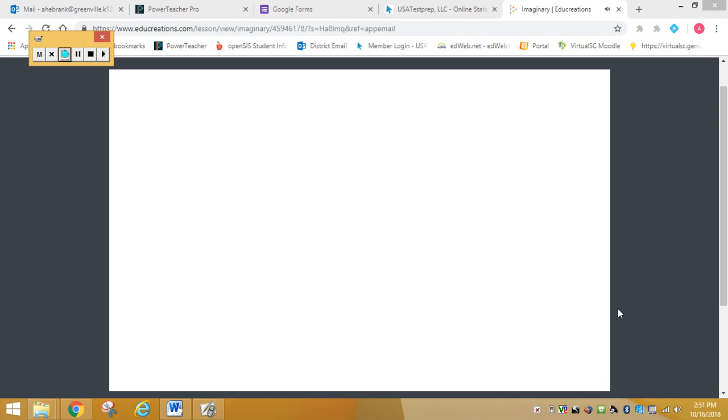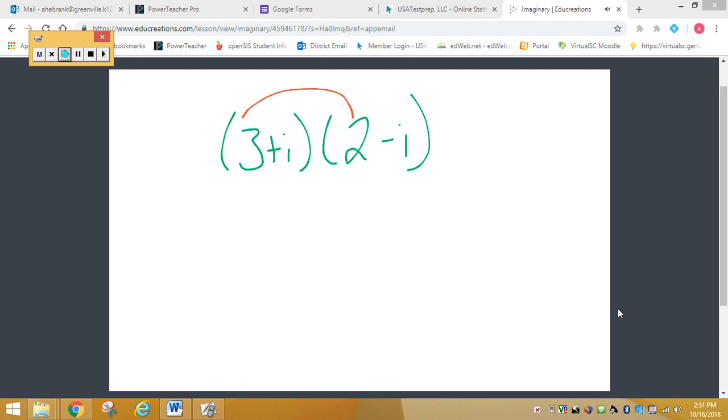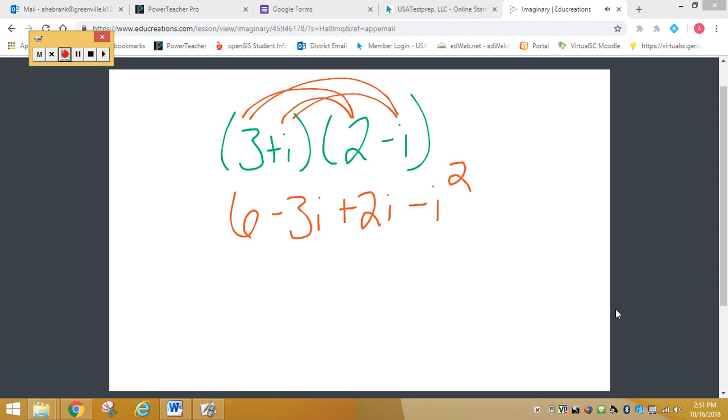Let's multiply some. Let's do 3 plus i times 2 minus i. 3 times 2 is 6. 3 times negative i is negative 3i. i times 2 is 2i. And i times i is i squared. I got to bring down my 6.